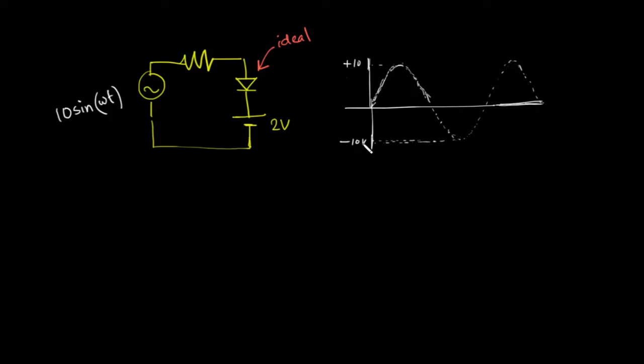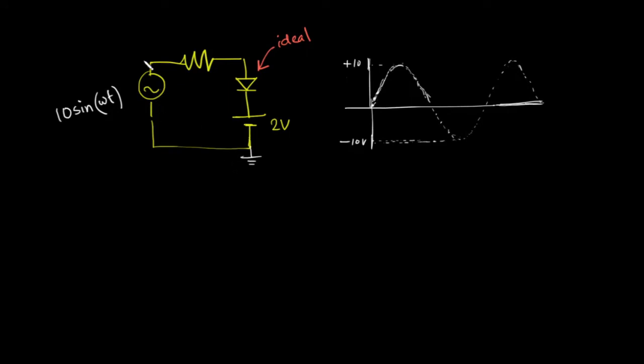Now what happens? Initially I can give a ground here. Initially suppose the voltage is rising. Initially the voltage is 0 and it is going to 0.5 volt and 1 volt like this.